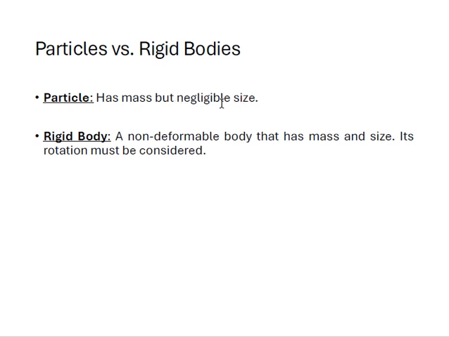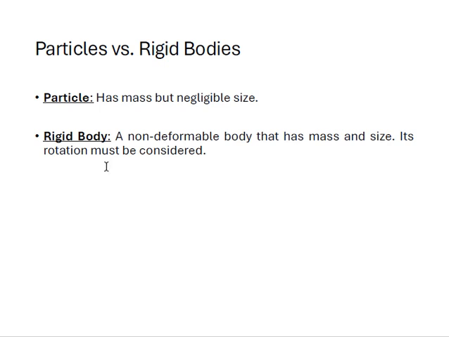I wrote it here: negligible size. There is mass, but ignore the particle's size. Why? Because it's very, very small. Your rigid body, on the other hand, has both mass and size. Why? Because it's bigger and complex.